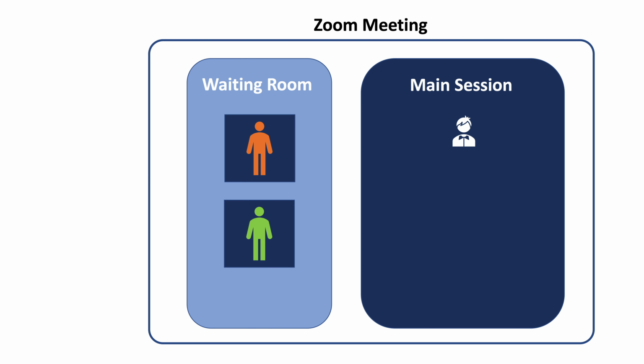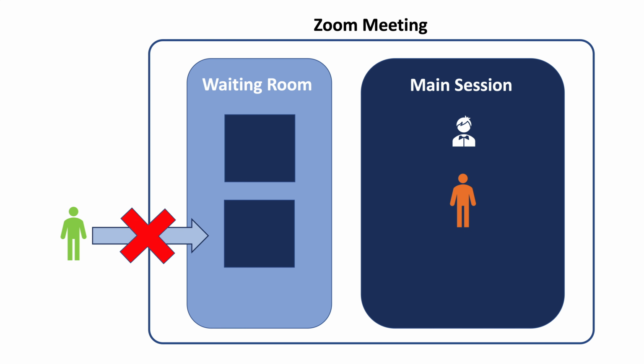The host can admit all participants from the waiting room into the main session or manually choose which participants he wants to admit. The host can remove a participant from the waiting room. Once a participant is removed from the waiting room, that participant cannot re-enter the waiting room and therefore the meeting. The host can return a participant to the waiting room at any time during the meeting.